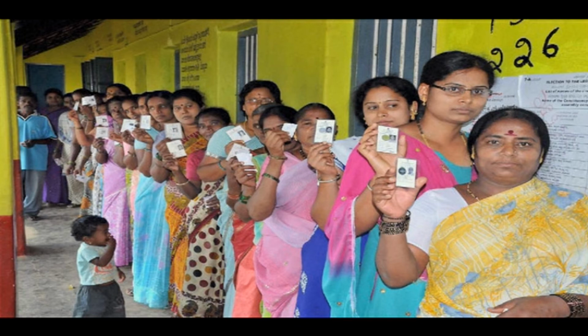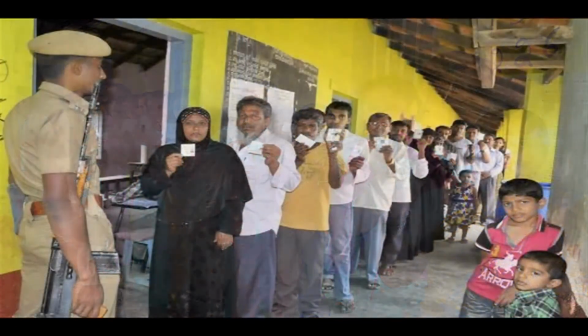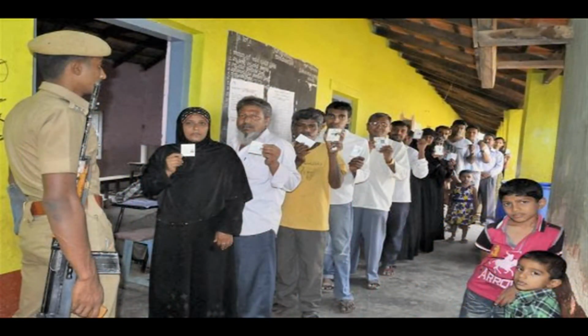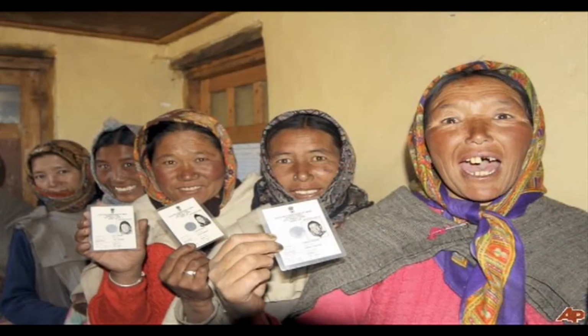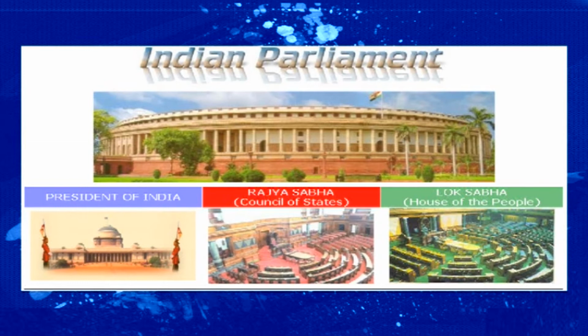Each citizen who has a right to vote should realize the importance of voting in order to ensure the success of democratic setup. Often it is seen that many persons do not exercise their right to vote. Impartial elections will ensure the success of democracy.